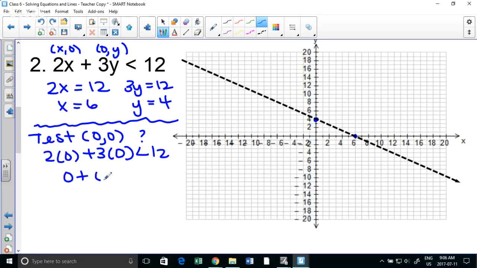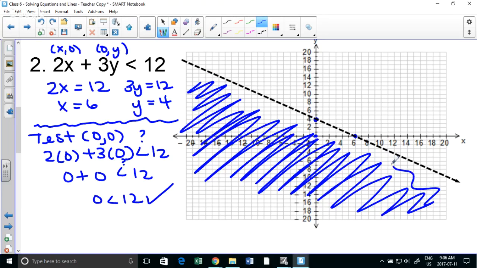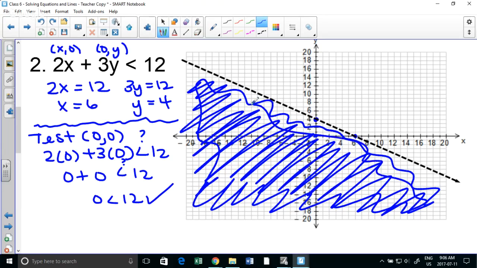Well, this is 0, this is 0. Is 0 less than 12? Absolutely. So wherever 0, 0 is, I'm going to shade that side. There you go. Done.